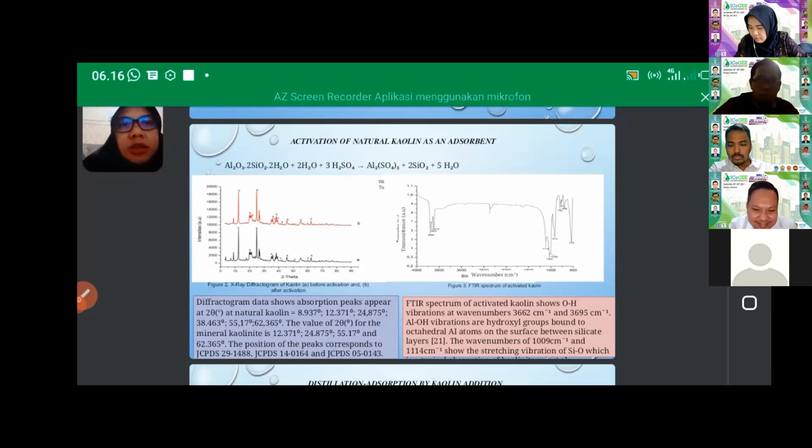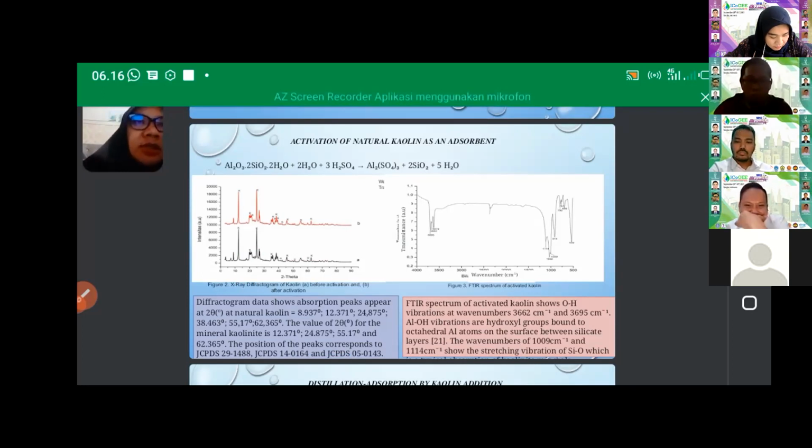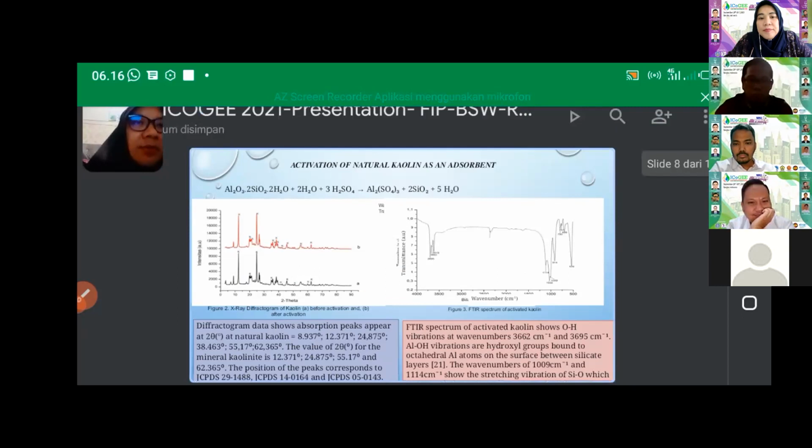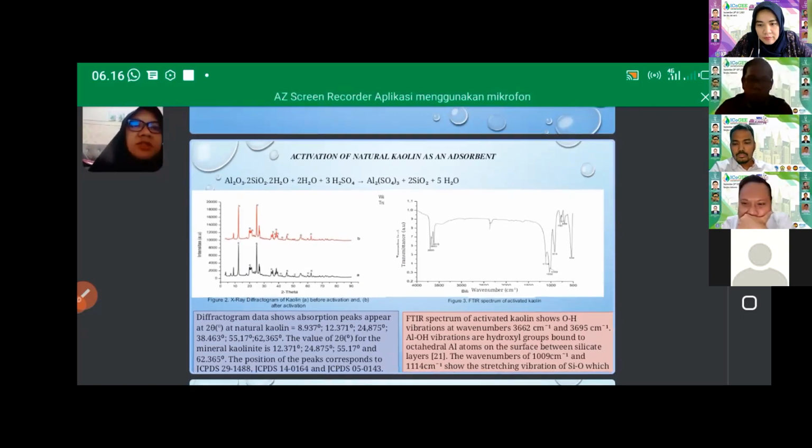From the data, we get that the position of the peaks corresponds to the standard JCPDS, and in the FTIR, kaolin shows OH vibration at some wave numbers, and Al-OH vibration, which is the hydroxyl group bonded to the octahedral Al atom at the surface between the silicate layers, and the wave number shows the stretching vibration of Si-O.